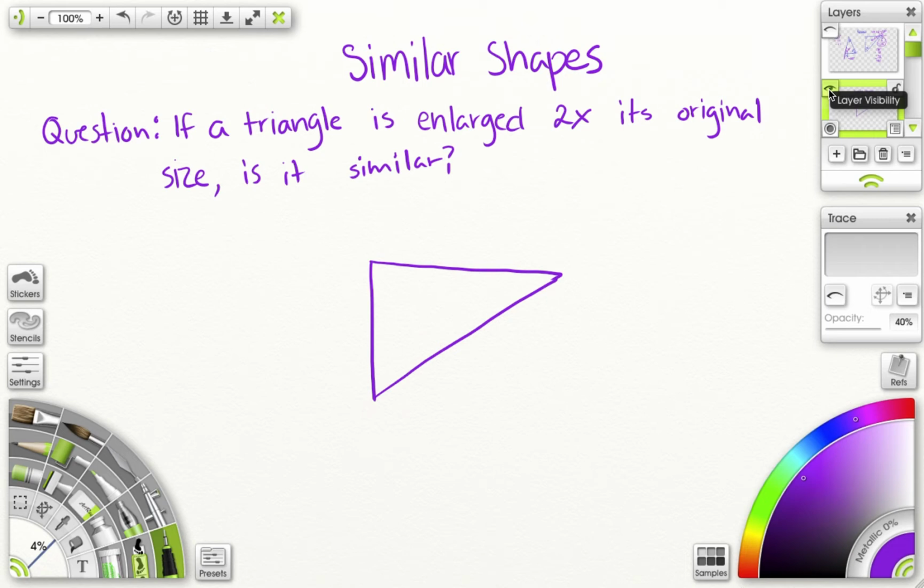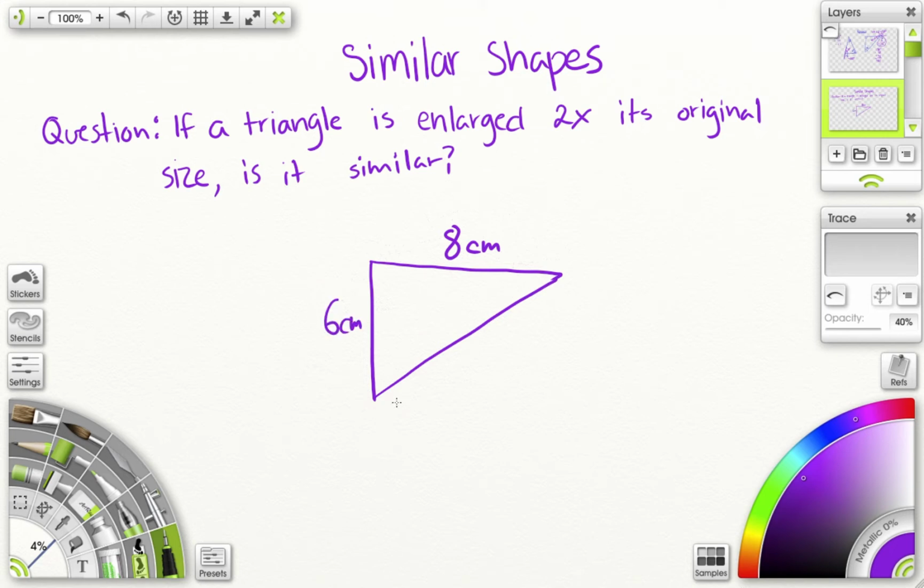And what I mean by similar is, obviously, if I made this triangle 2 times bigger, as in, let's say I took a ruler to my screen right now, and I measured out this side right here, and just by putting a ruler up to my computer screen, I can see that it is 8 centimeters, for example. And I measure this side right here, and I find out it is 6 centimeters.